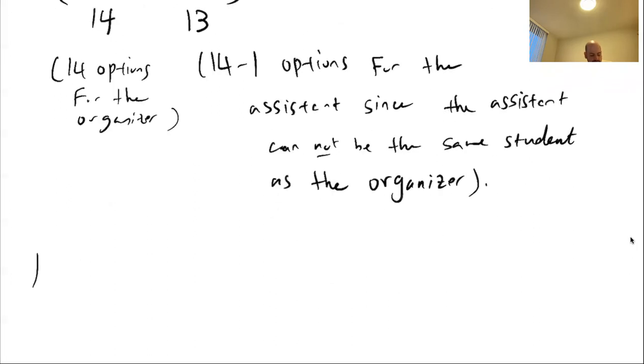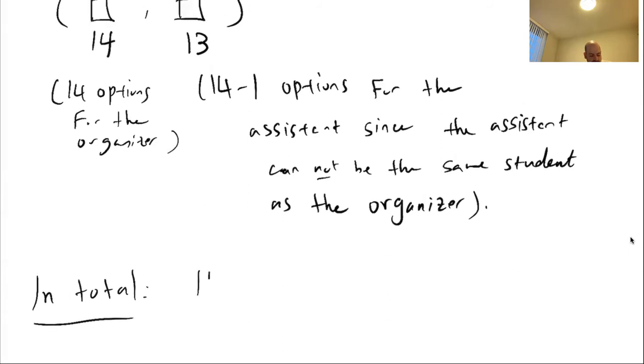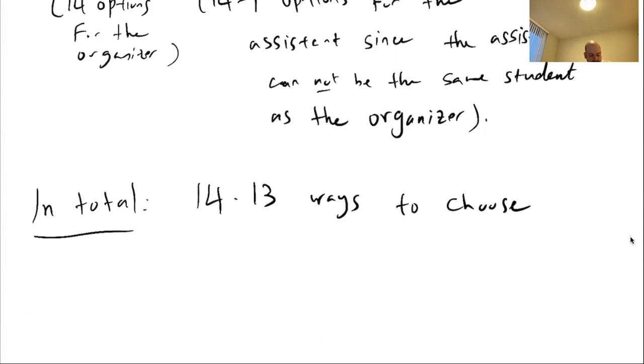So in total, we will have 14 times 13 ways to choose this committee. Okay, so 14 times 13 ways to choose this committee.